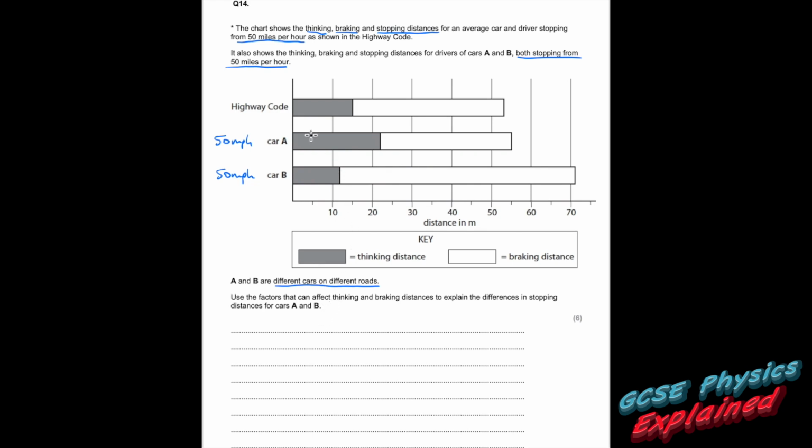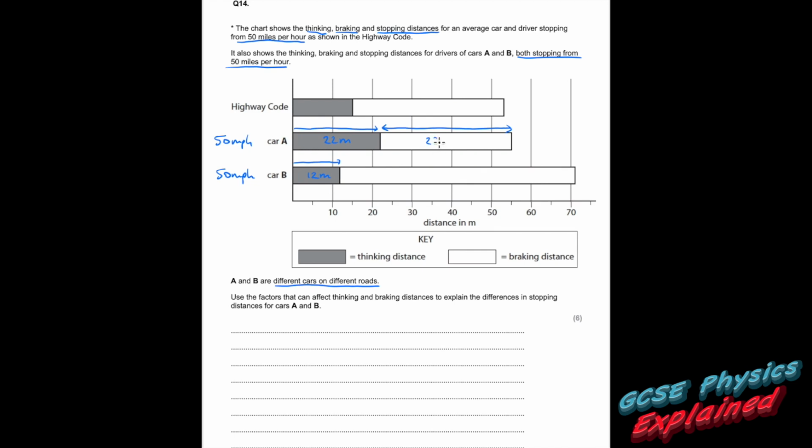So car A, their thinking distance is about 22 metres. And car B, their thinking distance is about 12 metres. And then their braking distance for A, right, that goes from 22 up to about 55.